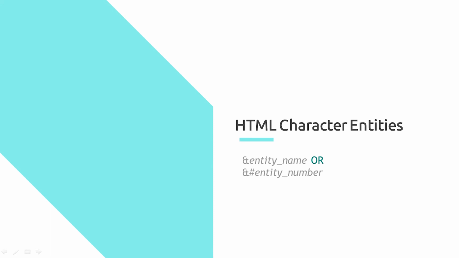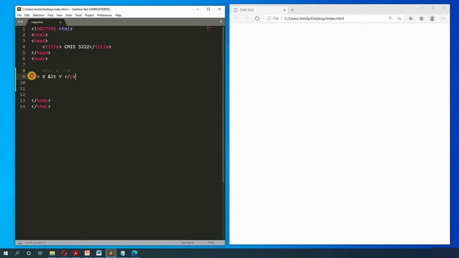HTML character entities. Some characters are reserved in HTML. If you use the less than or greater than signs in your text, the browser might mix them with tags. Character entities are used to display reserved characters in HTML. Use an entity name or entity number to show the less than sign. Entity name: &lt;. To show the greater than sign, entity name: &gt;.